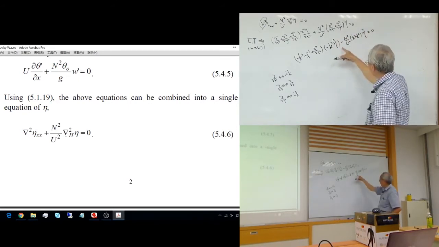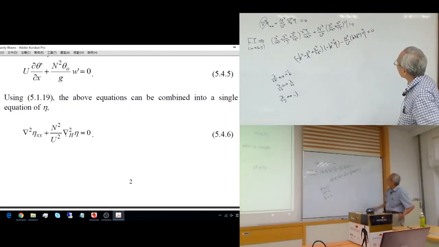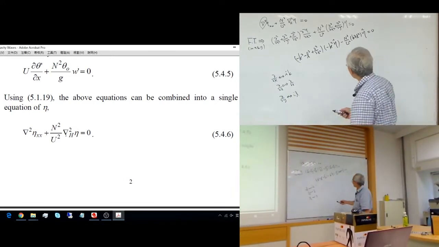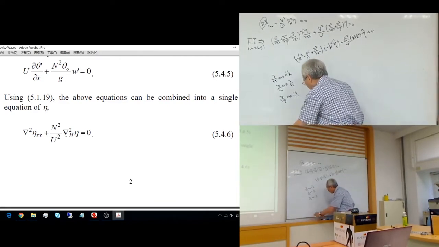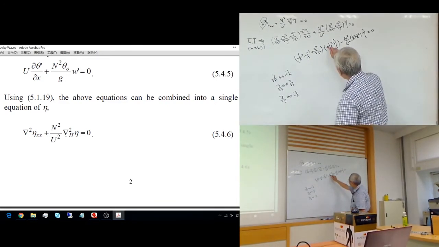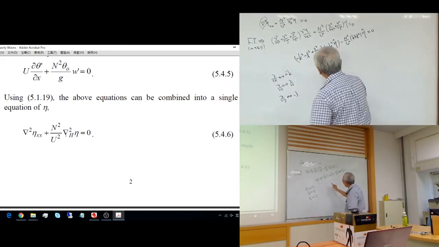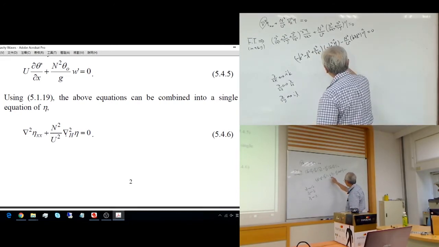So this is in free space. Then you can get organized. The negatives cancel out, so probably I'll just write it up.